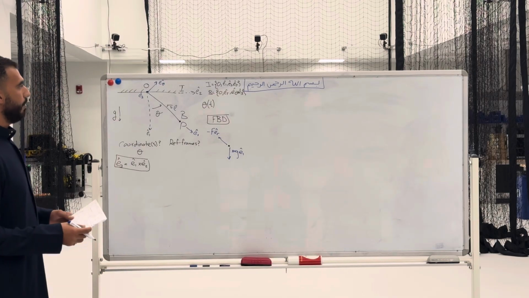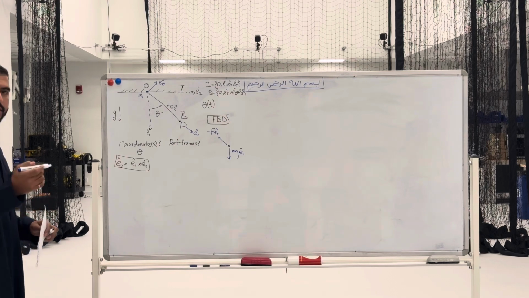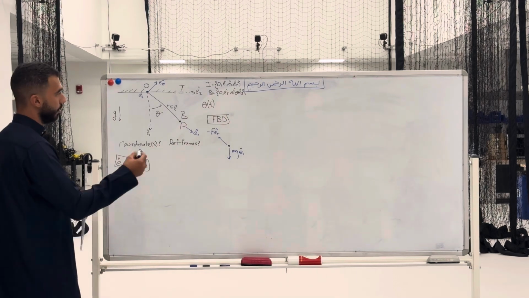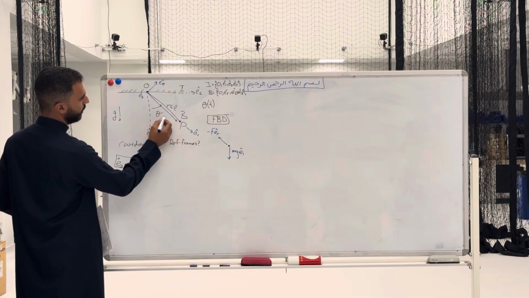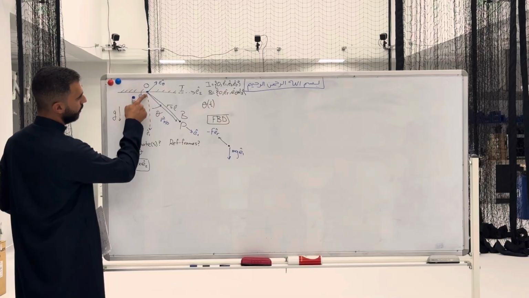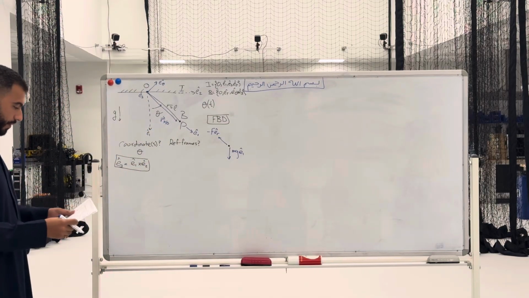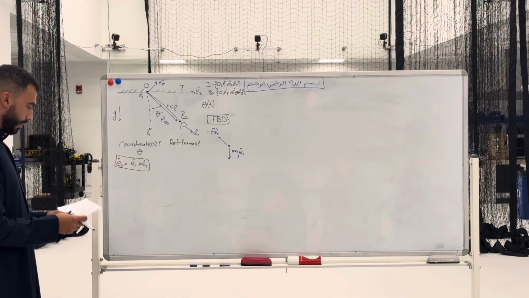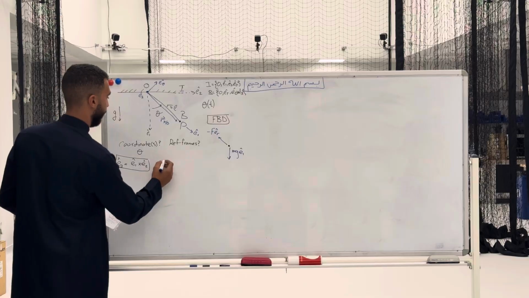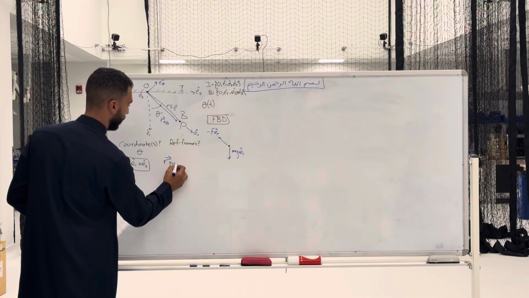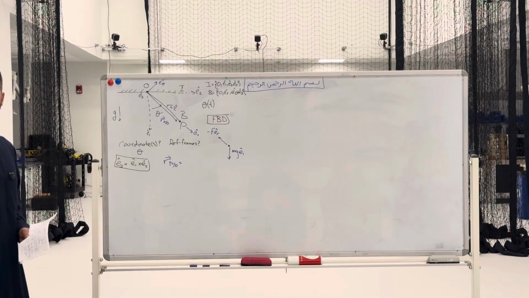When you're dealing with dynamics, the best way is to get the position vector, which is R. You can imagine the position vector that represents P with respect to O as going from here to here. That's just the position vector. So what is R in this case? Because that's the start of our derivation. Can someone tell me what's R?